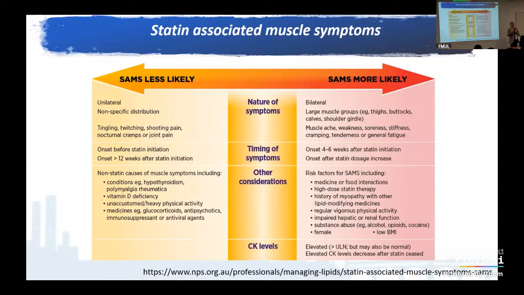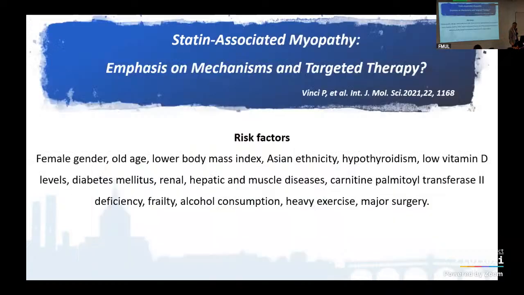The timing of onset is generally in the first phases after starting statins or a change of dosage. Otherwise, we could suppose other problems, not a statin-related effect. We may have sometimes not so elevated CPK levels. We have also other considerations that are clearly summarized in this part.